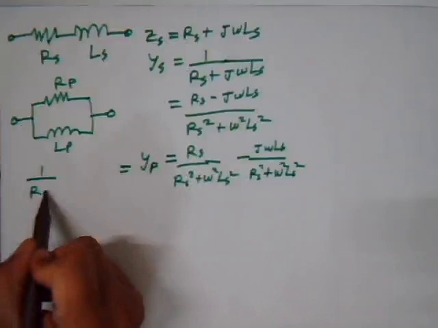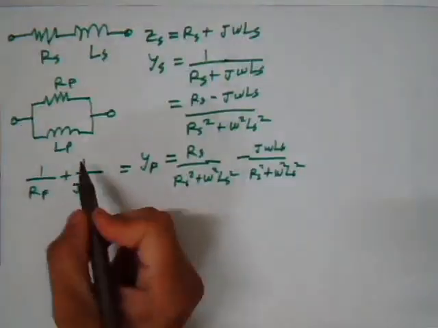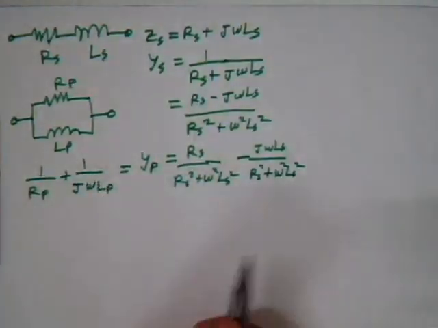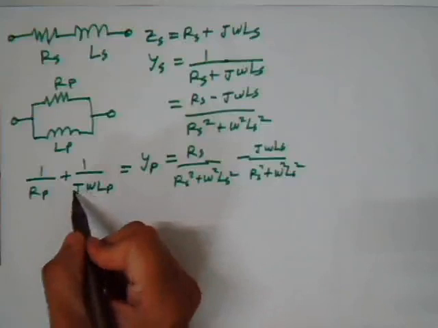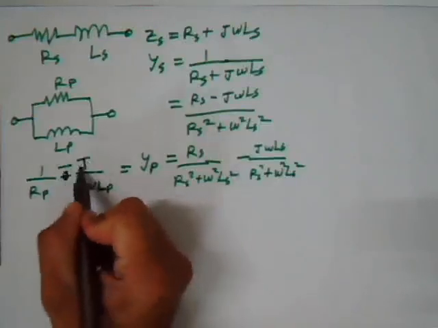And this Yp is equal to 1 by Rp plus 1 by j omega Lp, which is same as, if I take this j in the numerator, minus j by omega Lp.